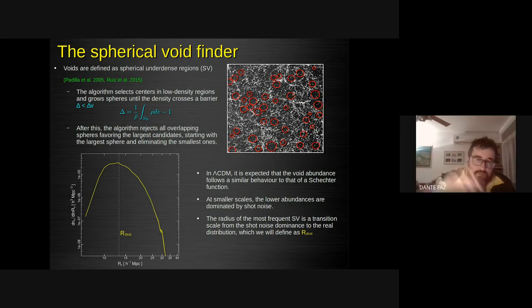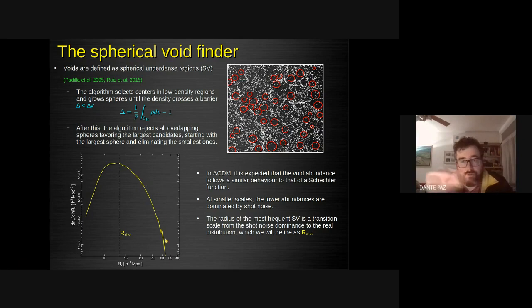Then we make a sphere centered on each seed, and we look for the largest radius where the integrated density contrast inside this sphere is below a given threshold. After inflating all the seeds, we clean all the overlapping spheres, the ones that are touching each other, by favoring the larger ones.